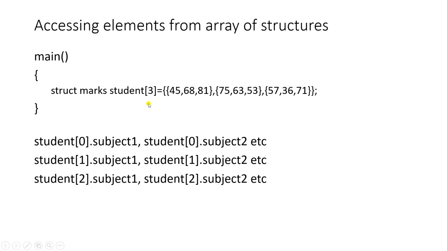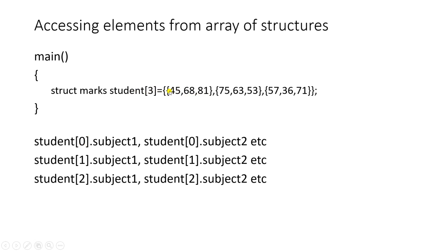Now how do you access elements from an array of structures? We'll take the same previous example. If you want to access 45, what is the array location? Array location is student 0. The 3 marks of that student are written here, subject 1, subject 2 and subject 3.